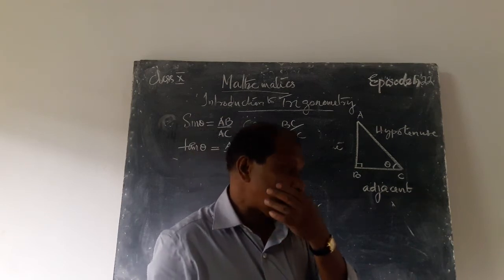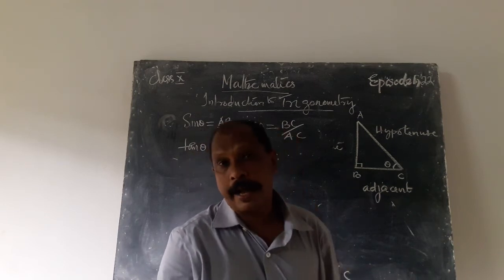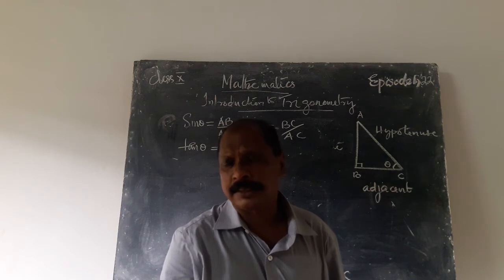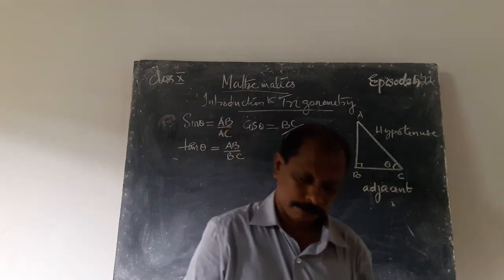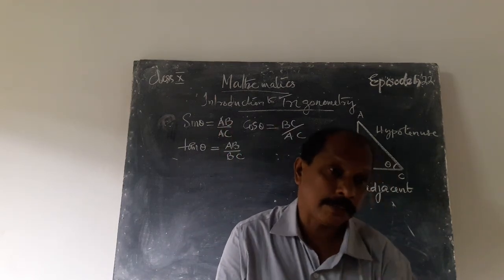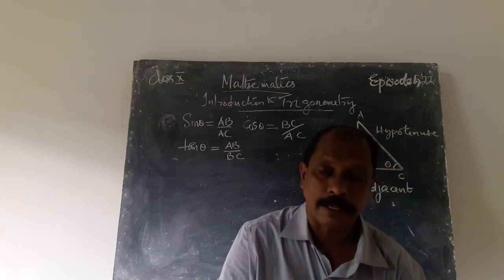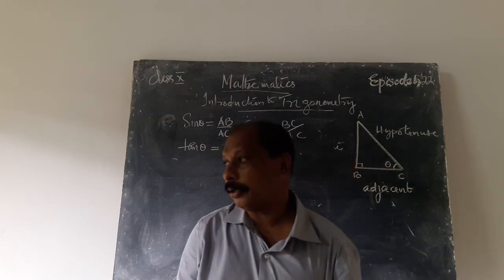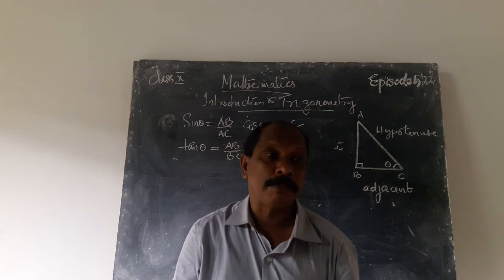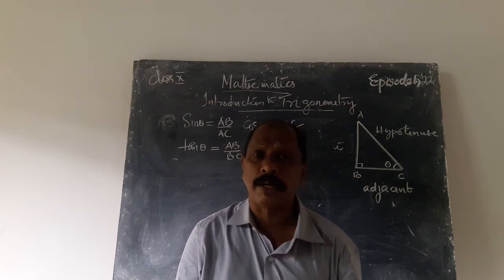In the case of multiplication, the identity is 1. That means 0 added to any number, we get that number. 0 subtracted from any number, we get that number. And 1 multiplied with any number, we get that number. That is 5 into 1 is 5.